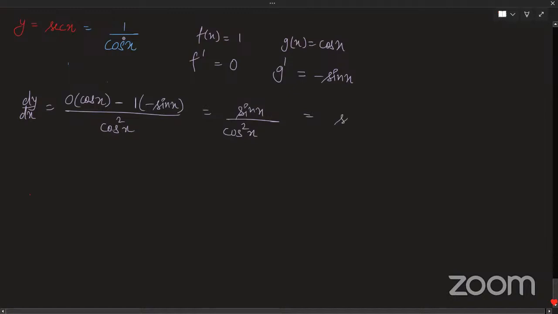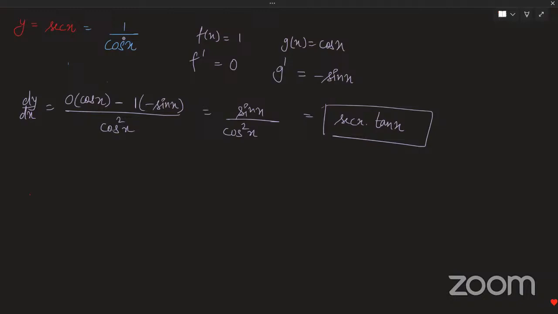It can be written as sec x into tan x. You can just split out one cos and one cos. So sin x by cos x becomes tan x and the one cos x that remains becomes sec x. Fine? Okay. Let us do one more case.